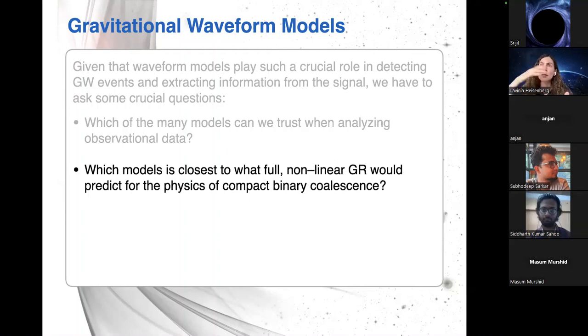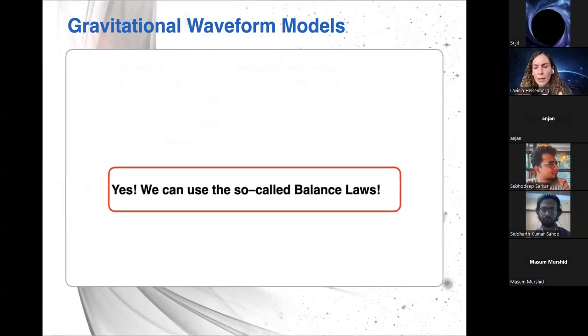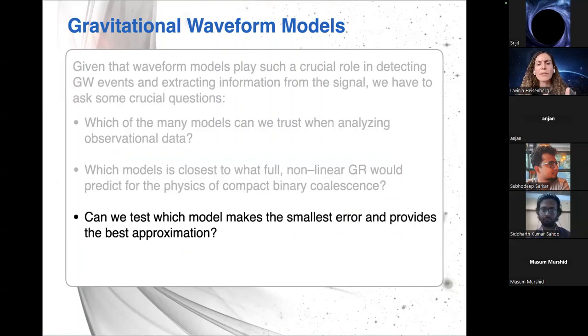So if we had a perfect universe with an infinite amount of computational tools, what is the closest to this full nonlinear GR prediction? And can we test which model makes the smallest error and provides the best approximation?